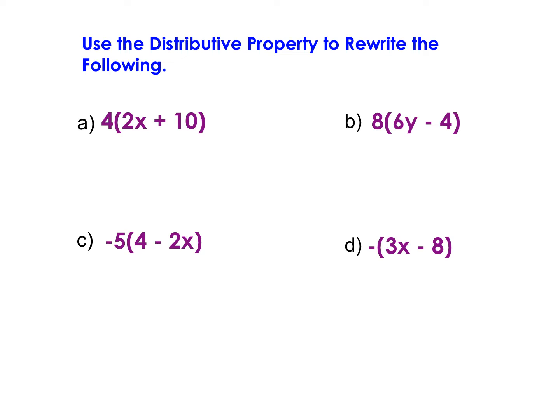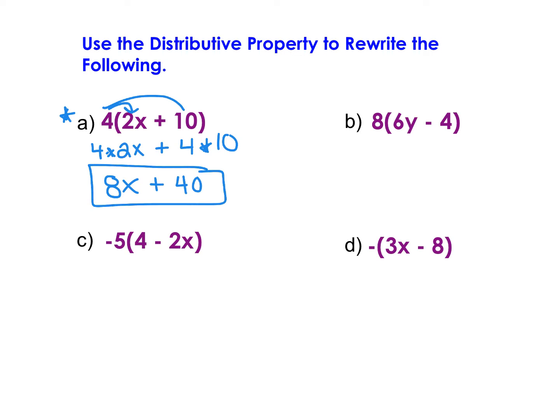So let's start here with this first problem in part A. So we have 4 times 2x plus 4 times 10. So 4 times 2x gives us 8x, plus 4 times 10 is 40. Then if we move over here to letter B, we're going to use keep, change to help us get started.